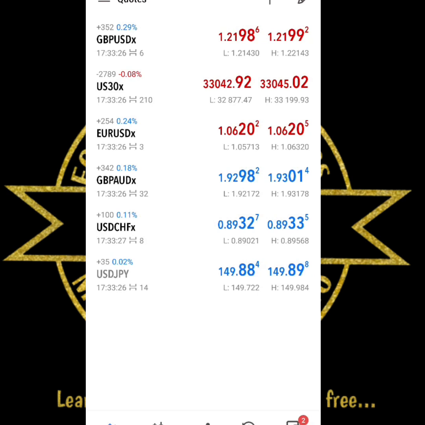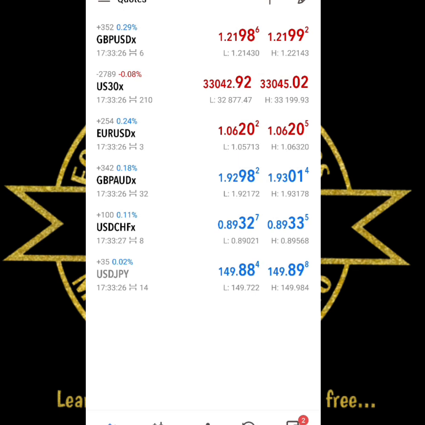You see the current price is at 0.8932. It doesn't matter whether it is 32 or 33, whatever price you take, because the price change is very minute, so it will not have a significant effect on your pip value.